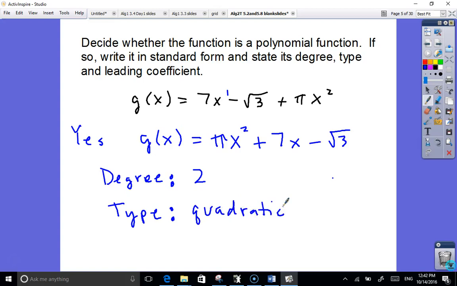So since we wrote the highest power term all the way on the left, it's the leading coefficient. And it is, leading coefficient, C, is 7. No, sorry, pi. So the leading coefficient is pi.